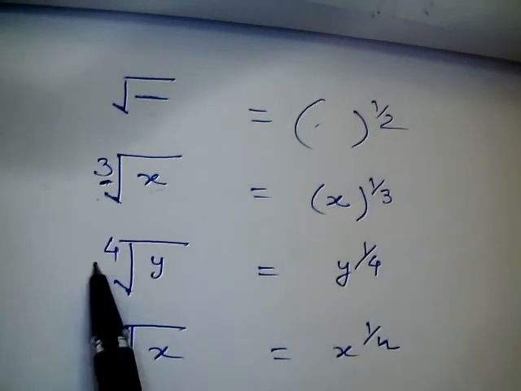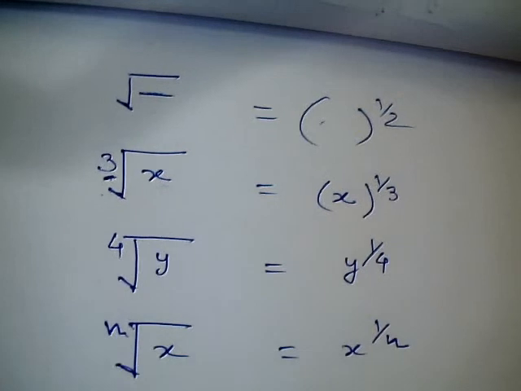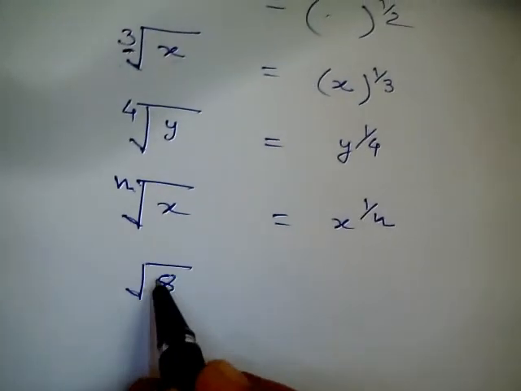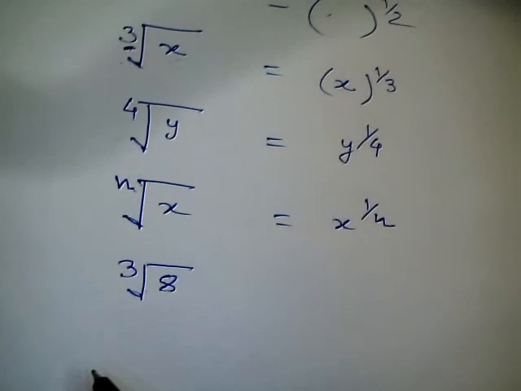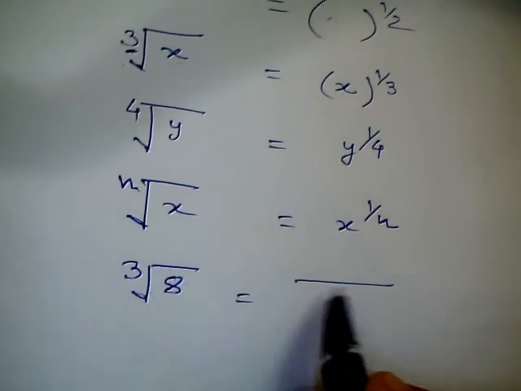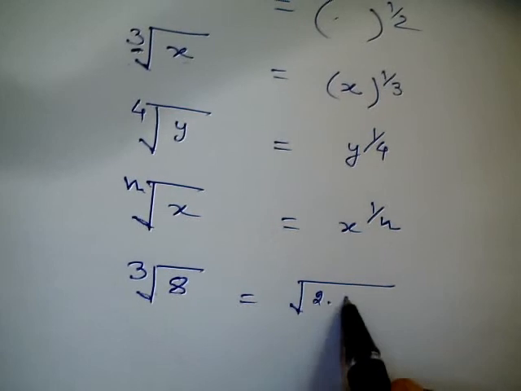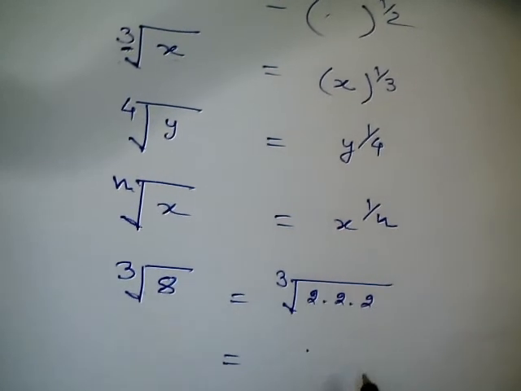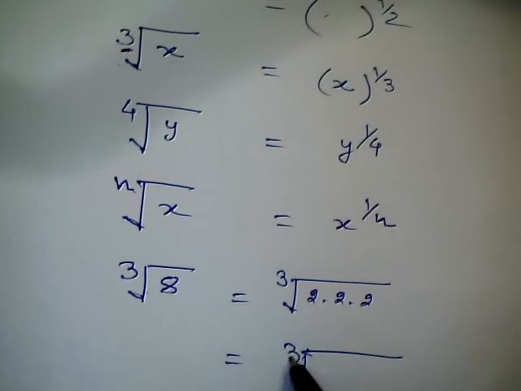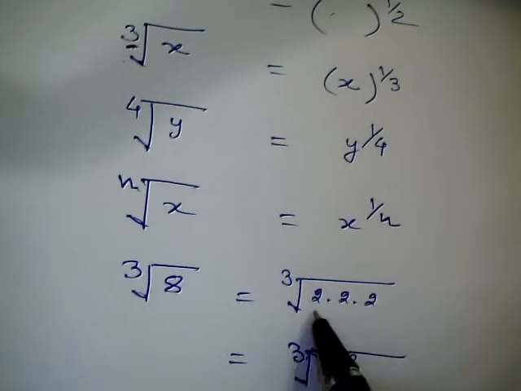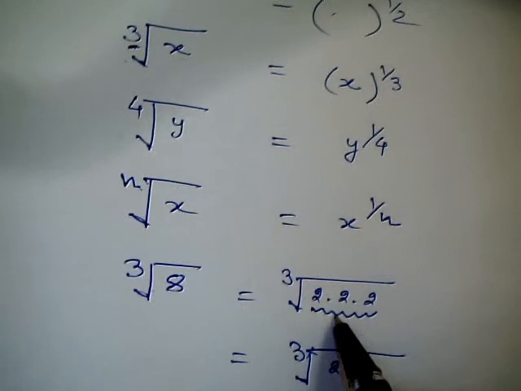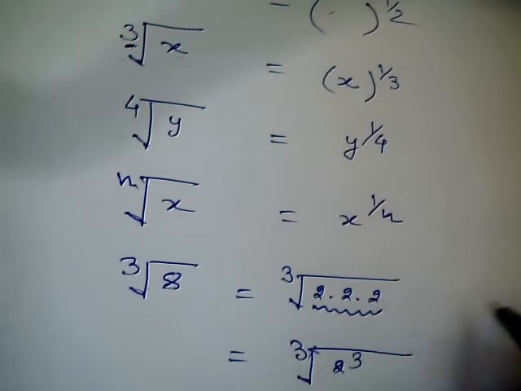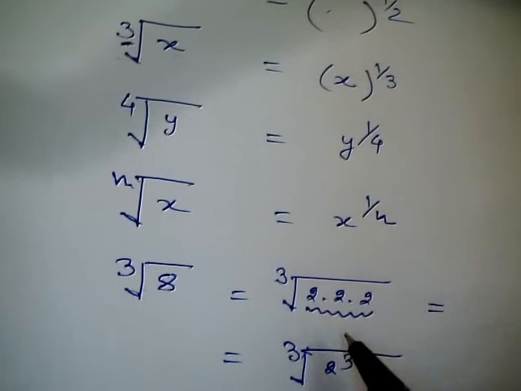For example, suppose I have 8 and I need to calculate the cube root. When you factor it, it is 2 times 2 times 2 and outside is 3. So I can write 2 cube, the number is in cube form, because to cancel out the power 3 the cube root will be the number itself.